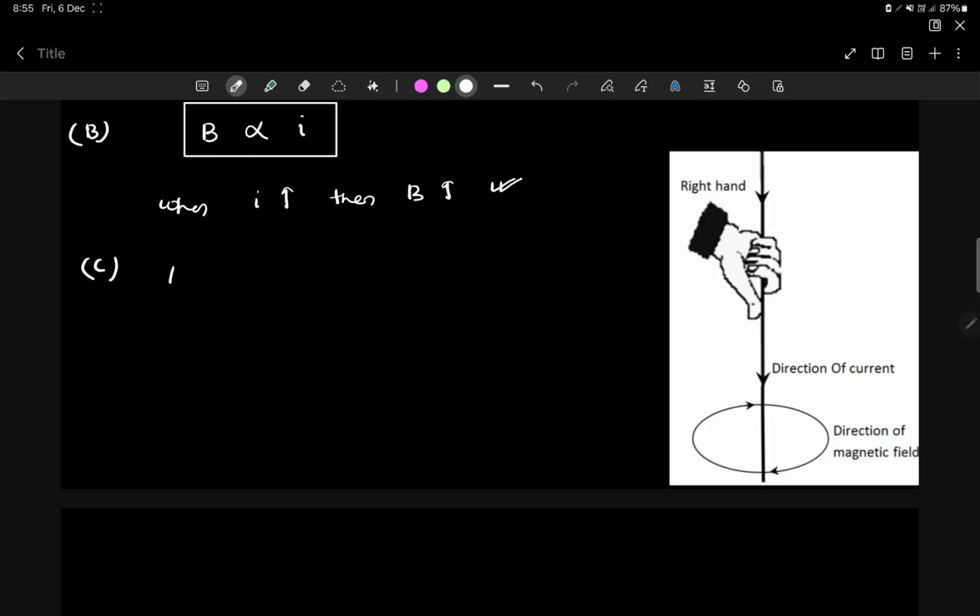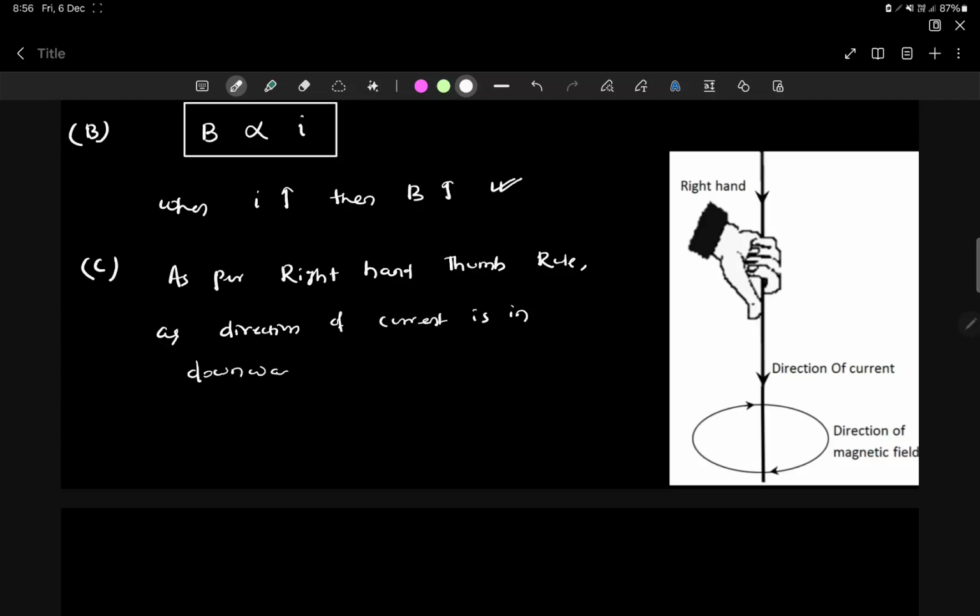So for bit C, as per the right hand thumb rule or Maxwell's right hand thumb rule, as the direction of current is downward, the direction of magnetic field is clockwise.